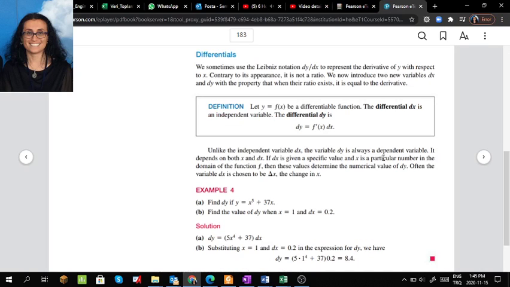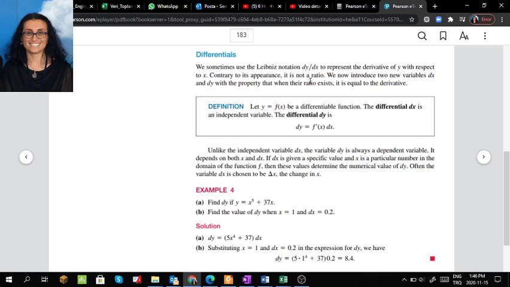Next, we are going to talk about differentials. Differentials are very similar to what we have been talking about so far. It's just a different way of representing the same things. Look, Leibniz's notation I mentioned to you is dy dx when we are taking the derivative, and dy dx would be the derivative of y with respect to x.